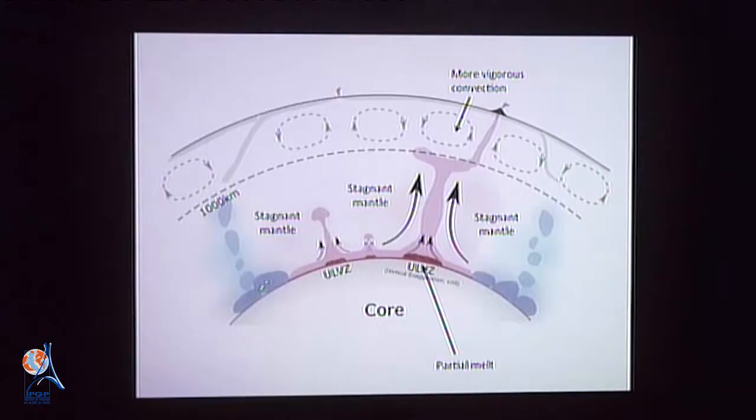So this leads to this very poor cartoon, summarizing. We're not very good at cartoons, but anyway. So basically what I've shown you is that we have different features in the top 1,000 kilometers of the mantle that are starting to come out of the slightly more resolving tomography, with probably more vigorous convection just due to lower viscosity.